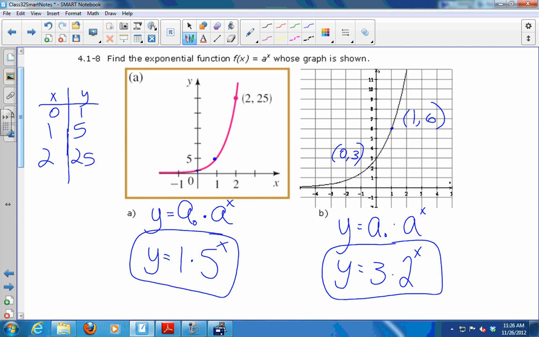So all you've got to figure out is where you start. That's your first number. And then how you're growing. What are you multiplying by to grow?